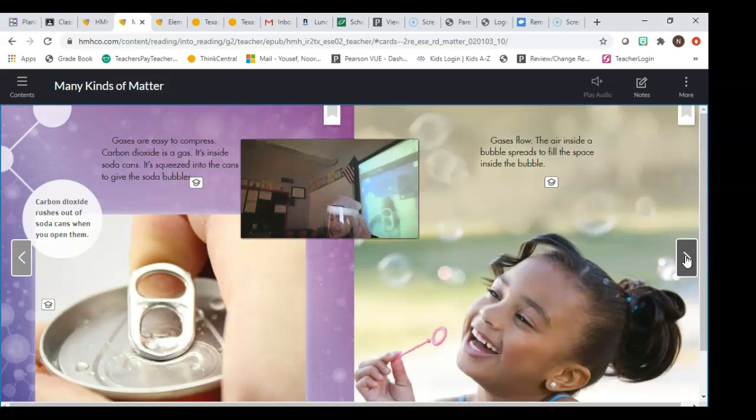Air is a gas. Bubbles get larger because the air spreads. So the more you breathe into a bubble, the more air goes in it, the bigger the bubble is, right? The less you breathe in it, the smaller the bubble is because there's less air in it. Unless it pops. You put a lot of air in there and you do it too fast and the bubble pops, then that's a different story. All right, let's keep going.